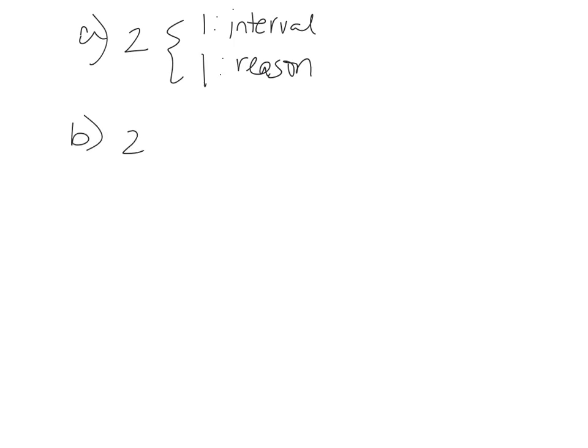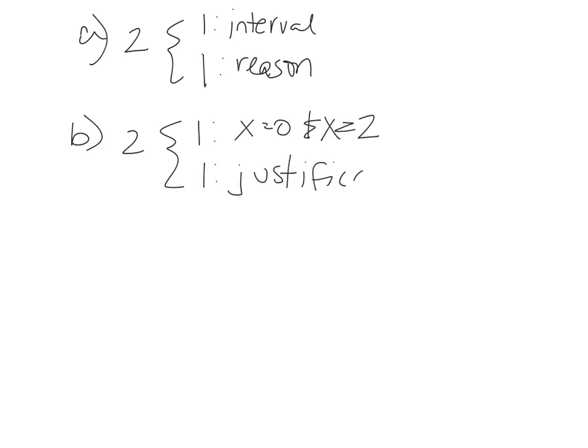Part B is worth 2 points. You get 1 point for having x equals 0 and x equals 2 only. Any additional answers will cause you to lose that point. 1 point for your justification, which was saying that the slope of f prime changes signs.